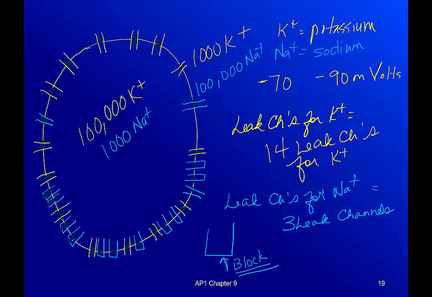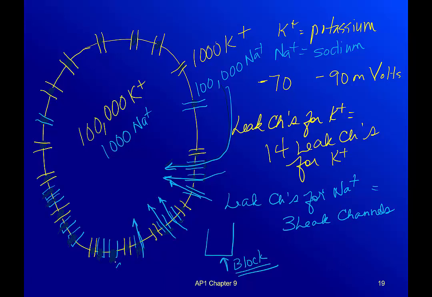Now, movement always goes from high to low. Where is sodium high? Look at the numbers. I've got 100,000 sodium outside and 1,000 inside. High to low would be 100,000 to 1,000. So when I open those gates, this 100,000 starts to go into my cell, into my cell, into my cell.